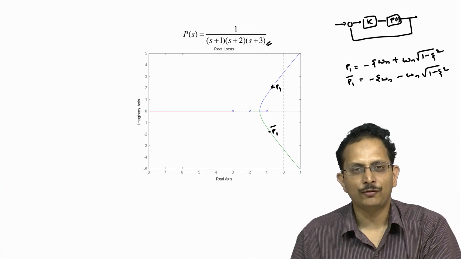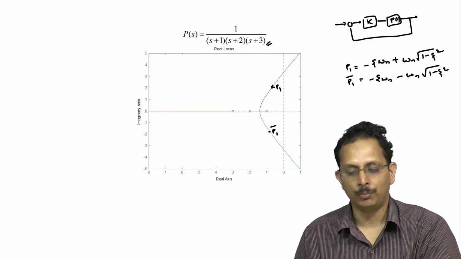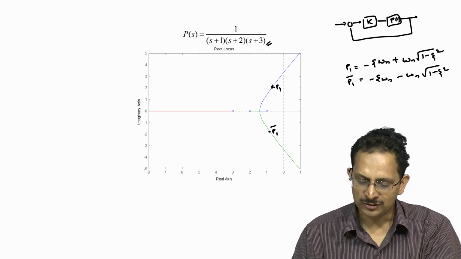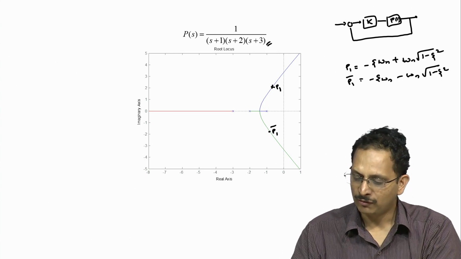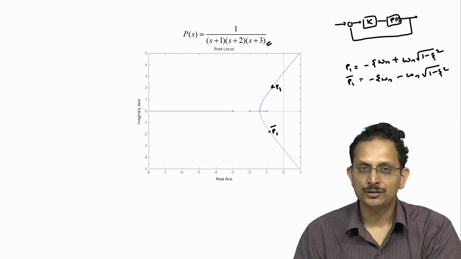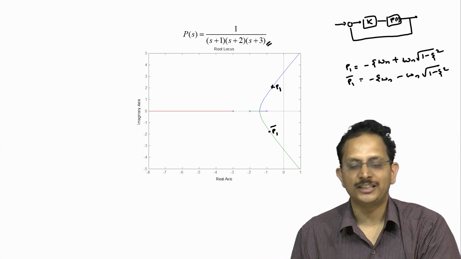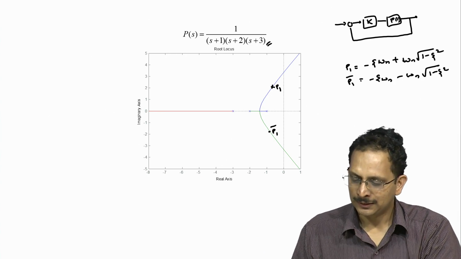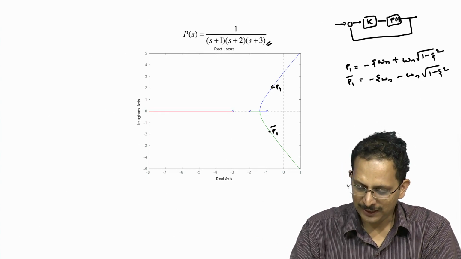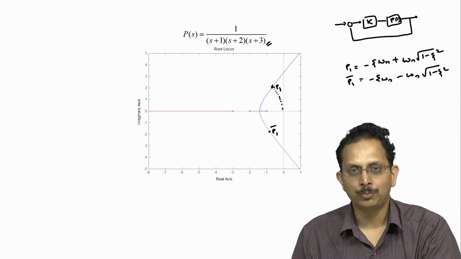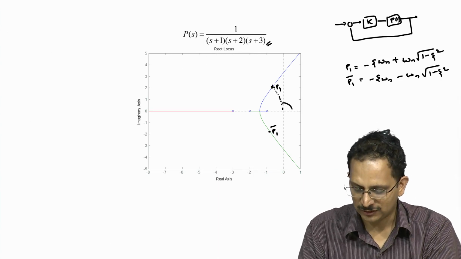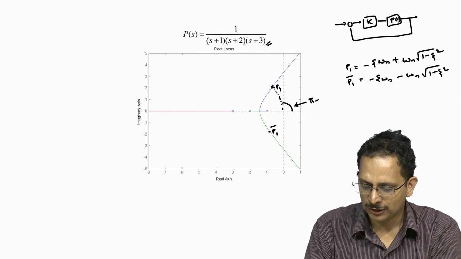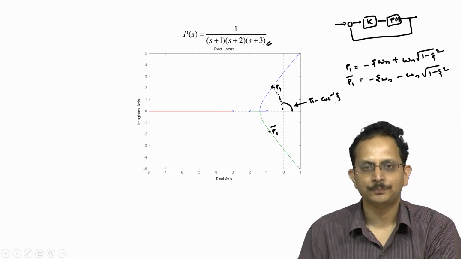If this is the form that I want my closed loop poles to have, then what we can do is employ root locus to find out the gain K that gives us, for example, a specified zeta. So if you notice this equation here, the term zeta is related to the angle that this pole makes with respect to the real axis. In fact, this angle that I have shown here will be given by pi minus cos inverse of zeta.